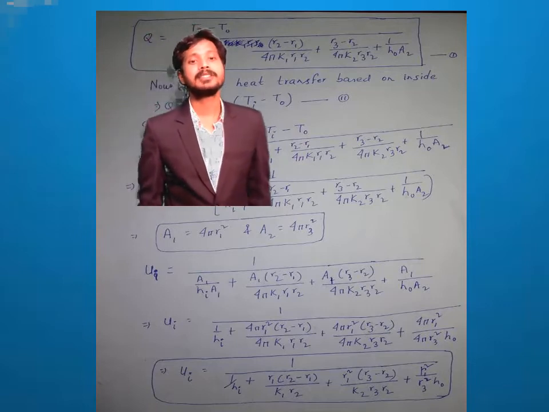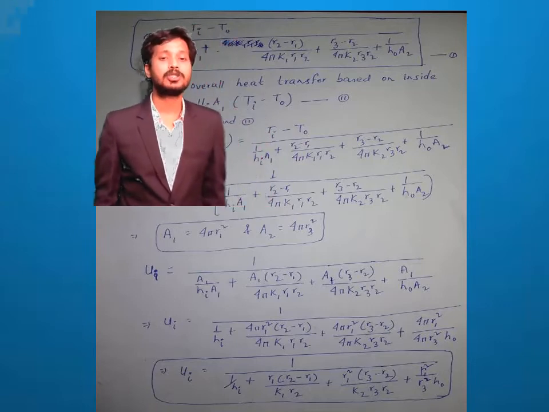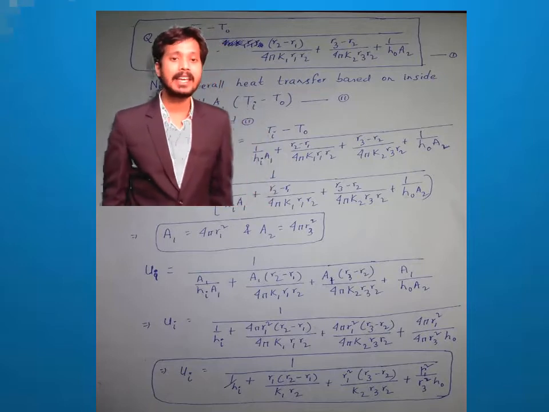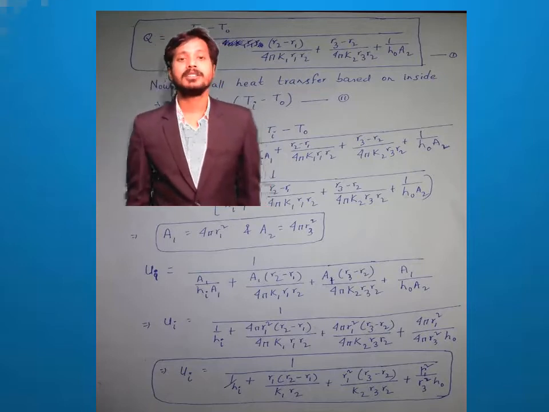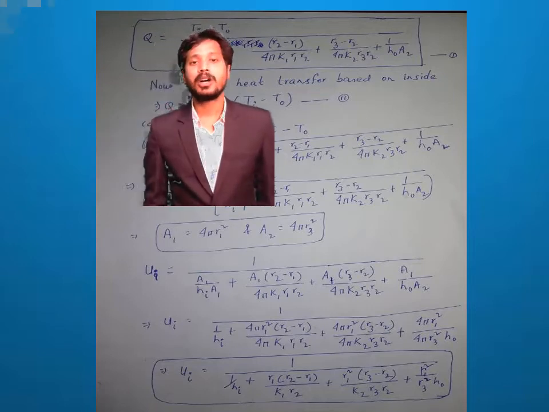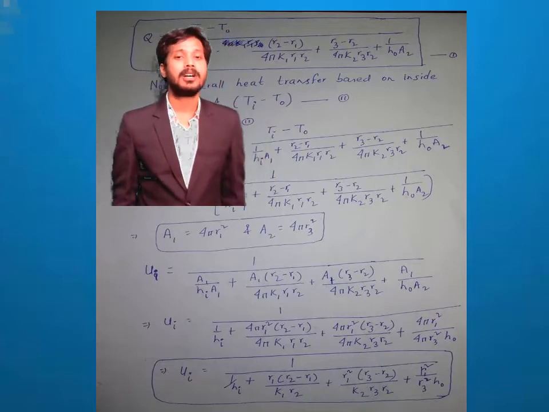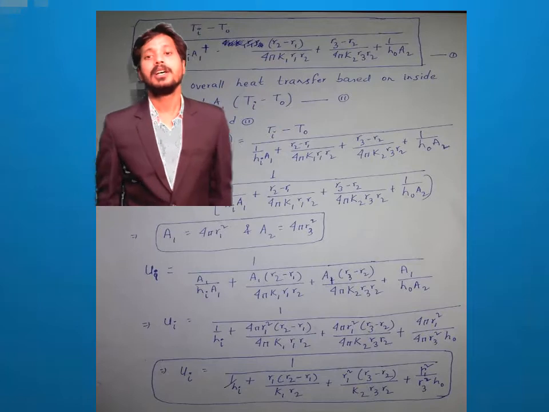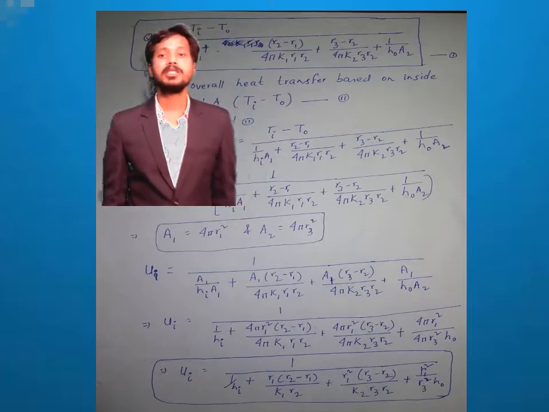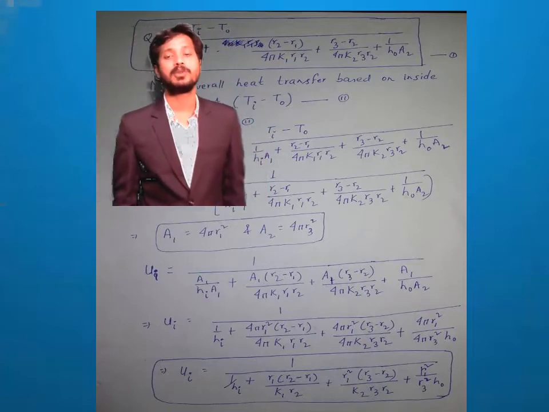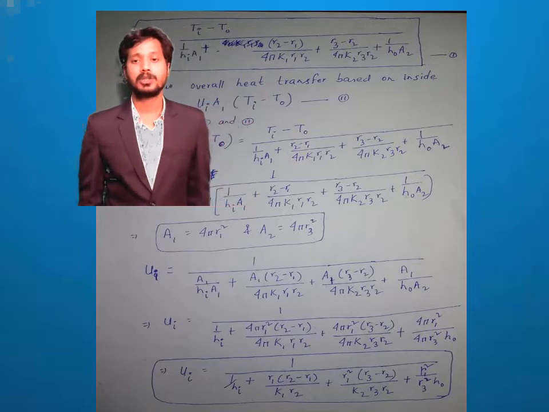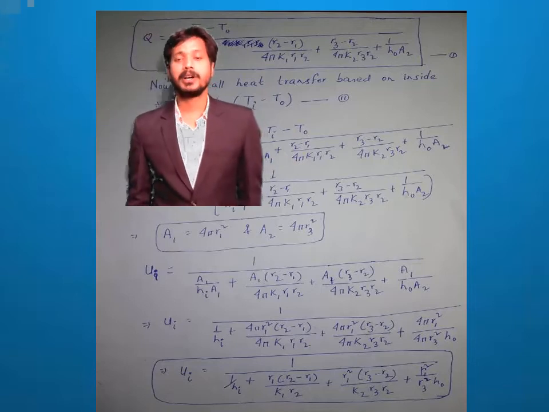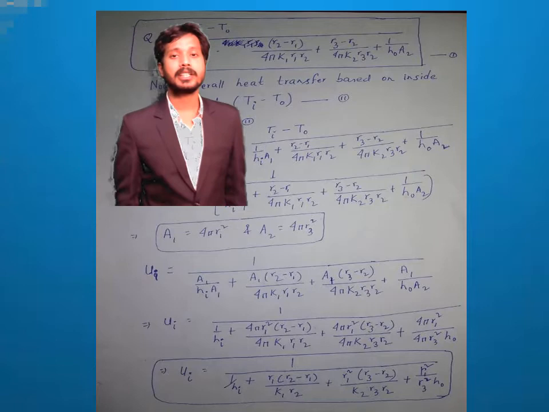So if we replace it, it becomes Ui equals 1 by A1 by Hi A1 plus A1 into R2 minus R1 by 4 pi K1 R1 R2 plus A1 into R3 minus R2 by 4 pi K2 R3 R2 plus A1 by H naught A2.